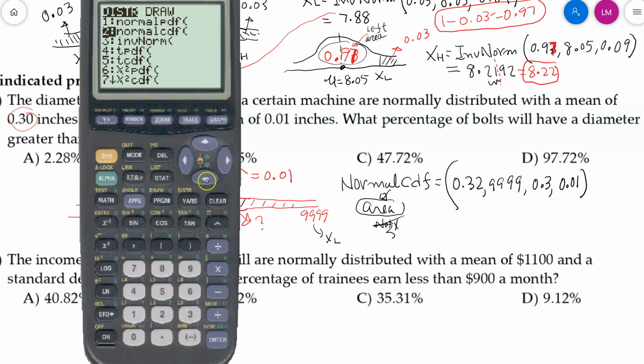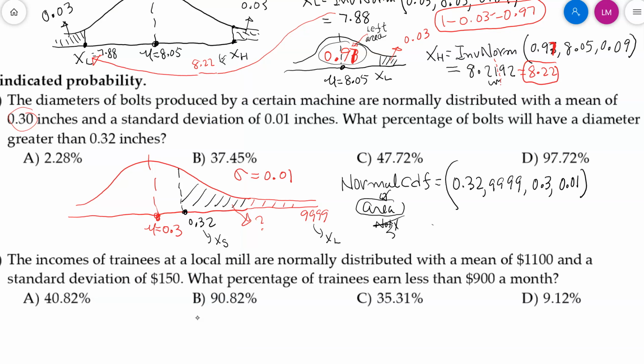Okay, go to number 2 this time, normal CDF: 0.32, 9999, 0.3, 0.01. I get 0.02275.